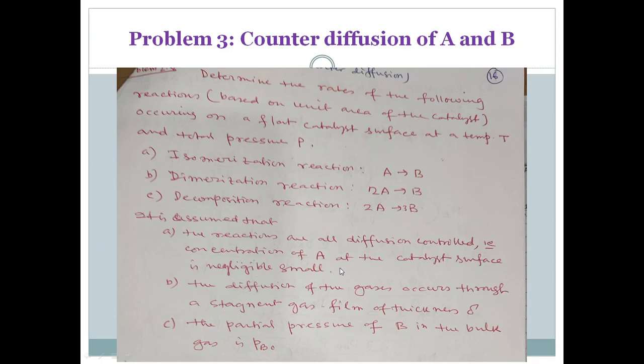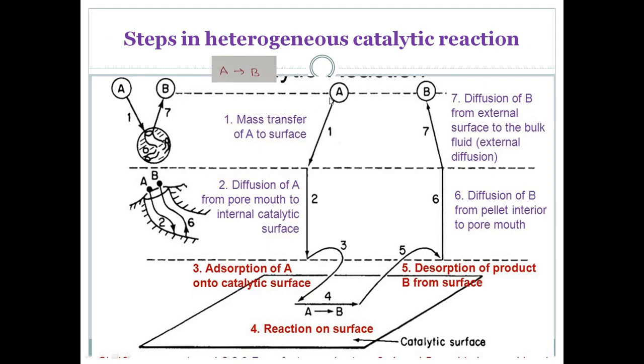Now see what is happening. Let's come to our previous slide. We had the external diffusion, internal diffusion, adsorption, the surface reaction, then desorption of B, the internal diffusion of B or product, and then external diffusion.